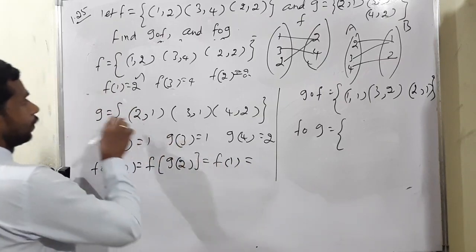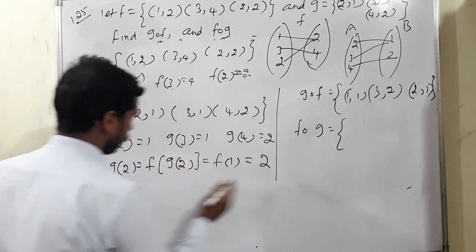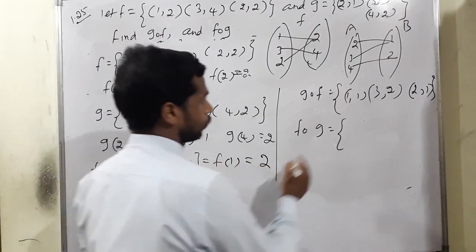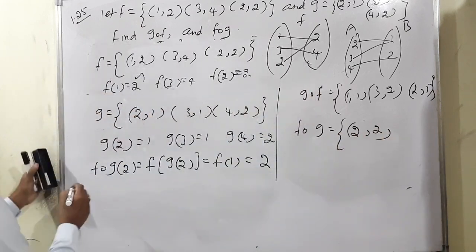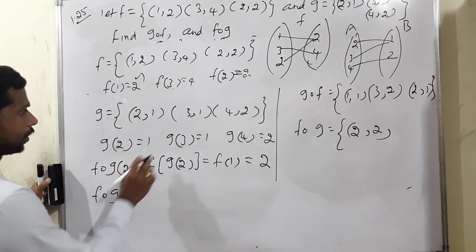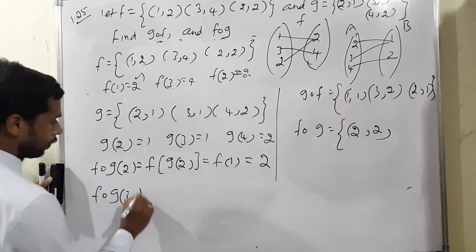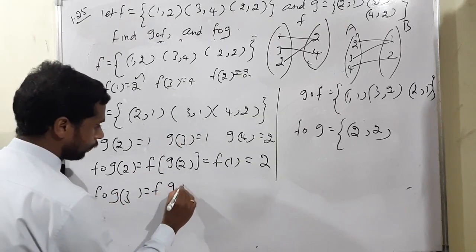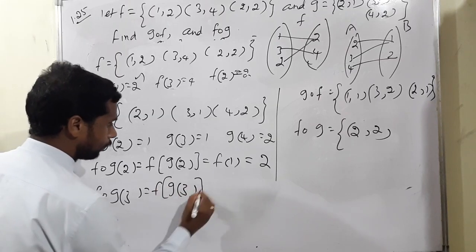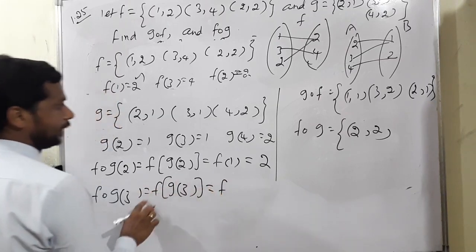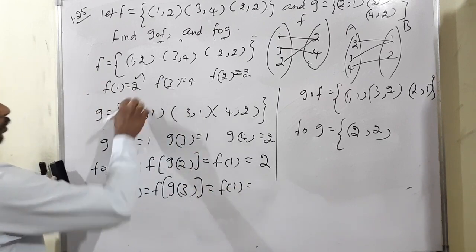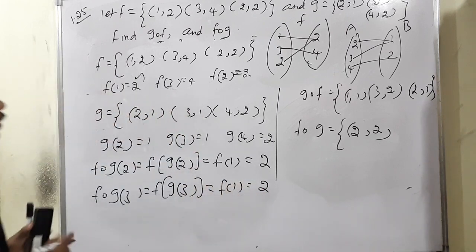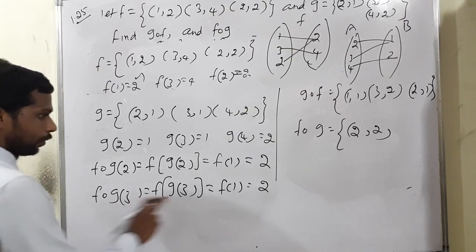Therefore f of 1 is equal to 2. Therefore first pair (2, 2). Then second pair, f dot g of 3: f of g of 3 is equal to f of 1, which is 2. Therefore here output (3, 2).